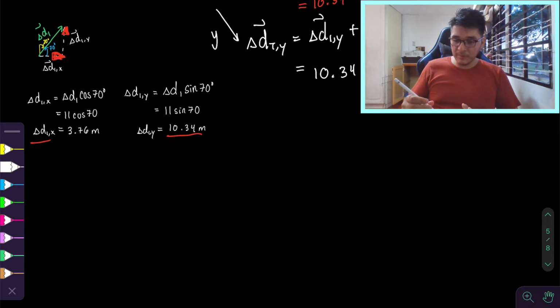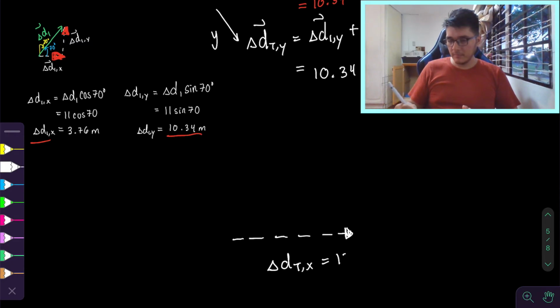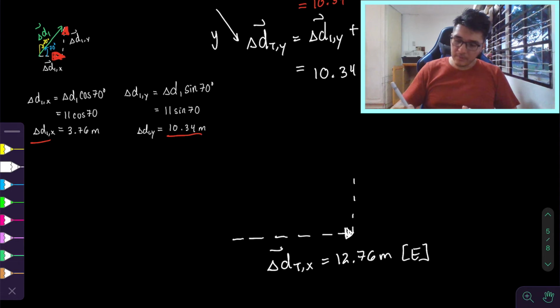The x component points to the right. And my y component points up.